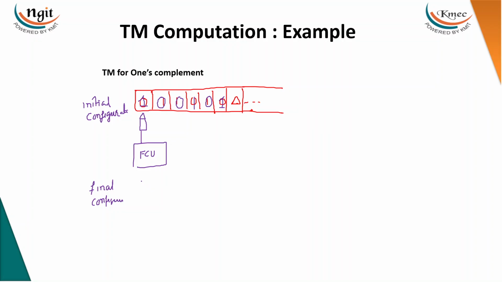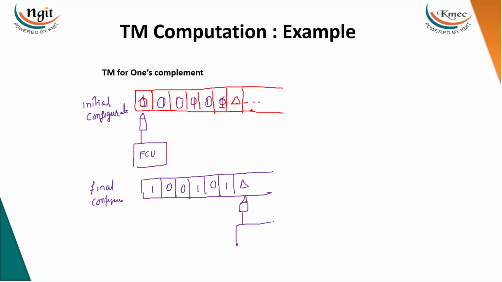It would be like this, on the same tape. We'll have 1 0 0 1 0 1 and delta. The head has moved to the final right symbol, that is blank, and the finite control unit is in the current state QF. Initially it was Q naught.